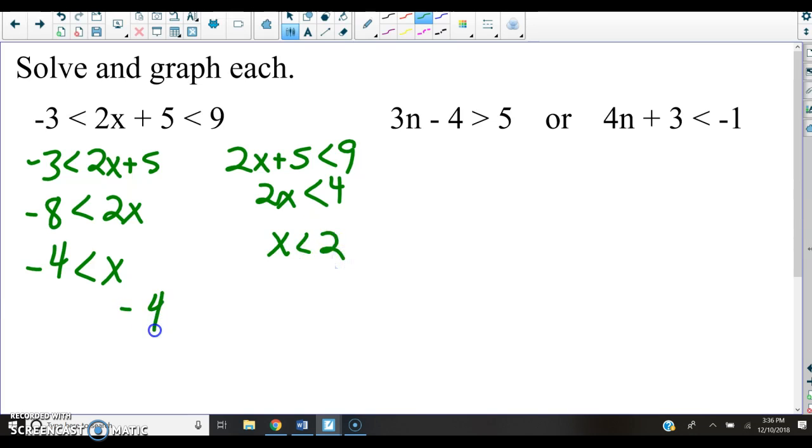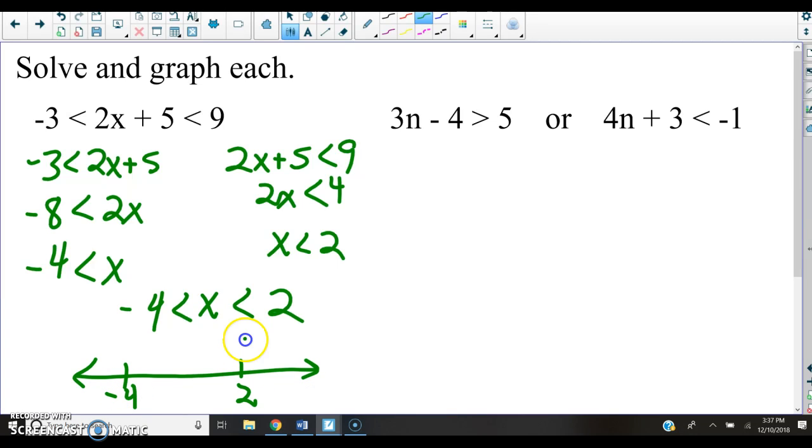So my negative 4 and 2 are my limits. X is stuck between negative 4 and positive 2. There's no or equals, so I leave my ends open. The or has to be split.